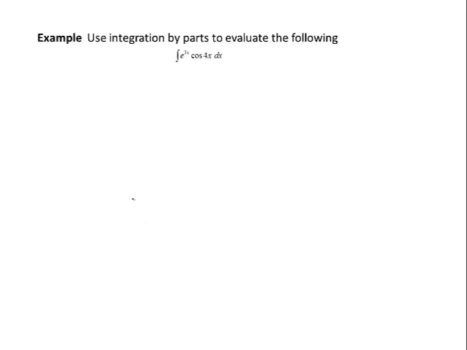Here we're going to use integration by parts to evaluate the integral of e to the 3x cosine 4x dx. Here I'd let u equal cosine 4x, and dv will equal e to the 3x dx.